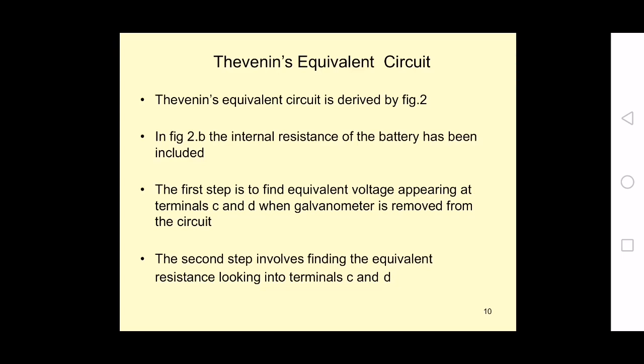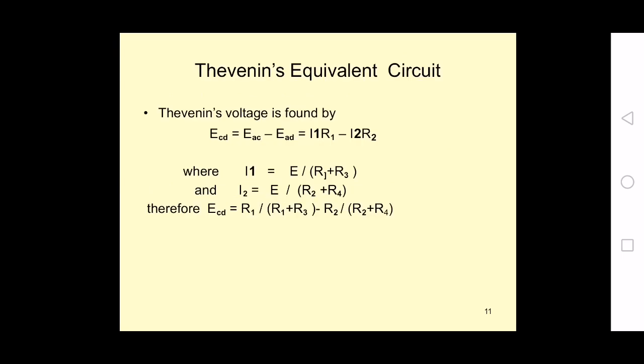The second step involves finding the equivalent resistance looking into the terminals C and D. By using the first step, ECD will be equal to EAC minus EAD.